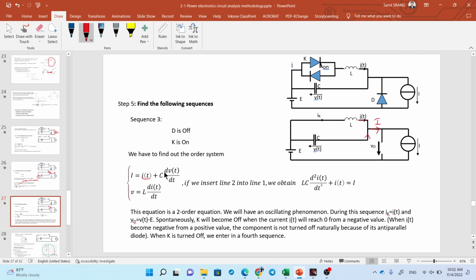C times V is the charge, and you have the relationship between V here and the current here, V equals L dI over dt. We make the substitution to get just one variable I, then you have a second order differential equation. Yes, second order.